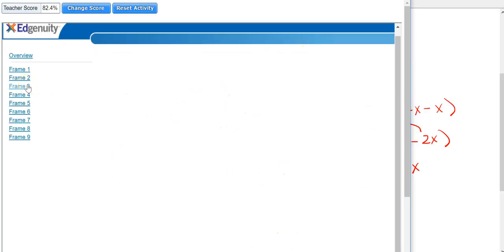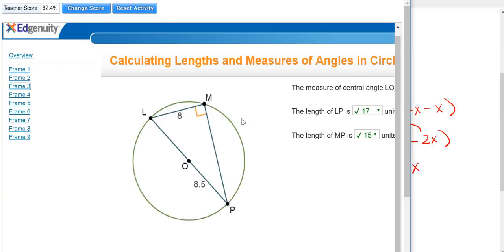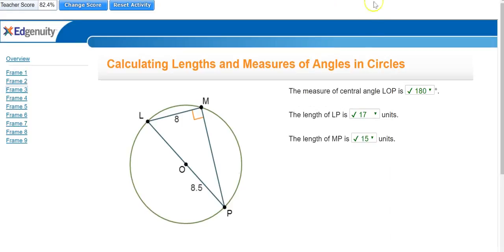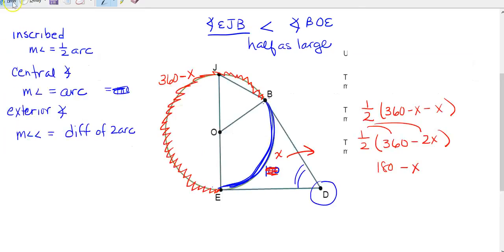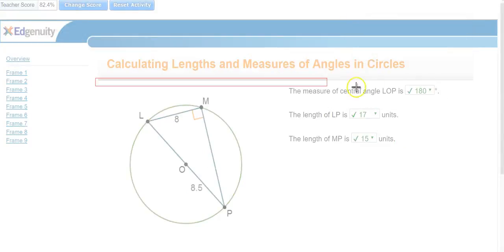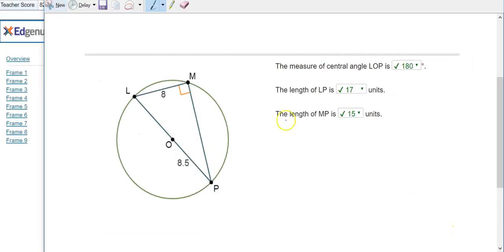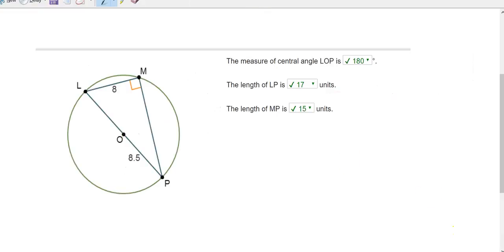Okay, so let's look at question 3. All right, so let me see if I can open this. There we go. So on question number 3, it's asking you a couple different things.